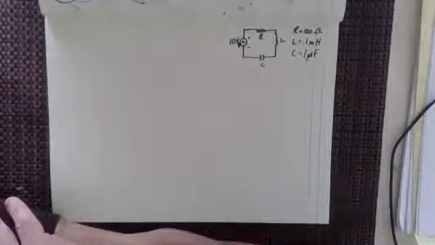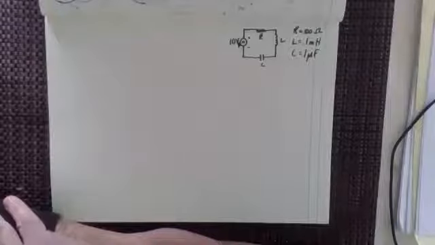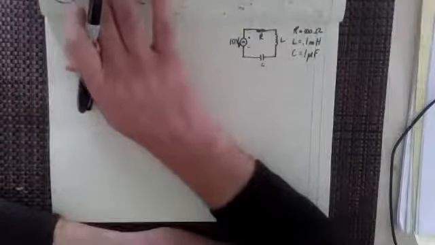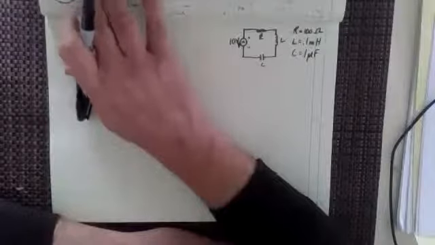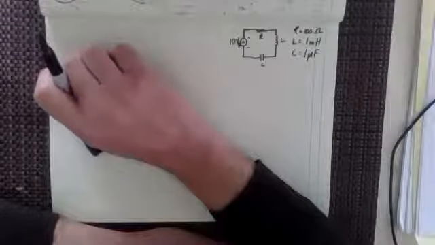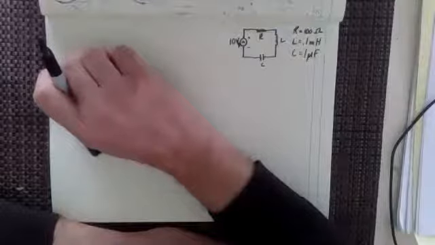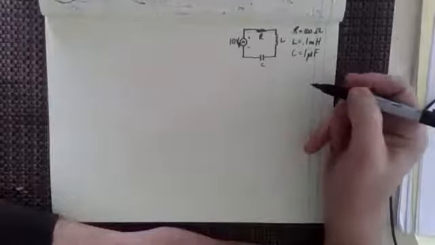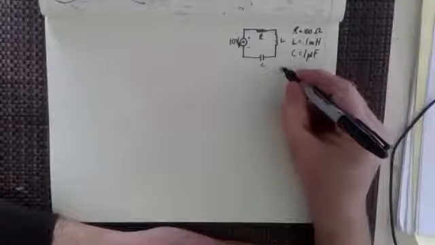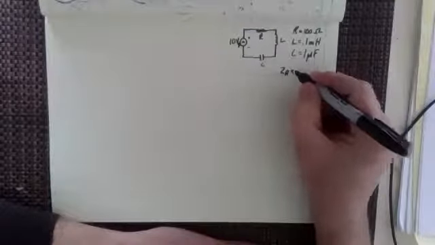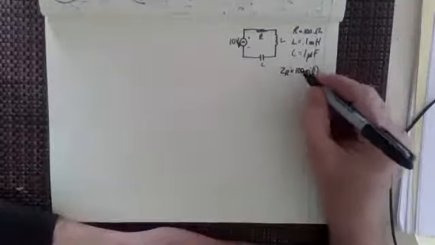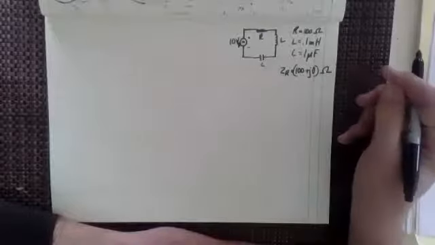The first thing that we want to look at, just like we looked at in DC, is what was the total resistance in series going around that circuit. We've got three components in series now, and we have to find out what their impedance is going around this circuit. So I think everybody can see that for the resistor, the impedance would be 100 plus j0 ohms, right?